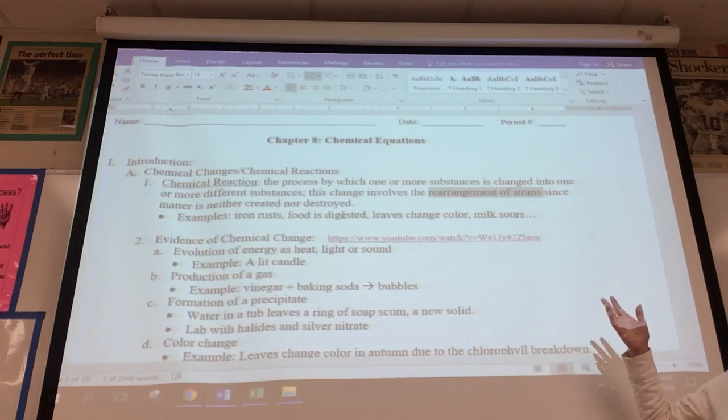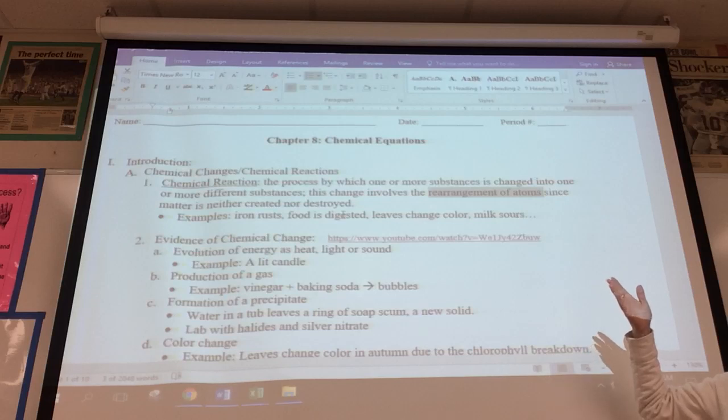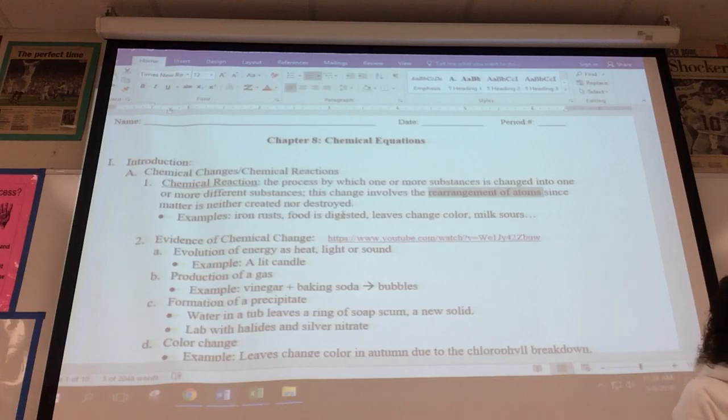And examples of chemical reactions involving chemical changes include the rusting of iron, digestion of food. Leaves change color up north in the fall because the amount of daylight decreases as well as the temperature. The chlorophyll breaks down, and as a result, some of the other pigments are exposed. Milk souring.